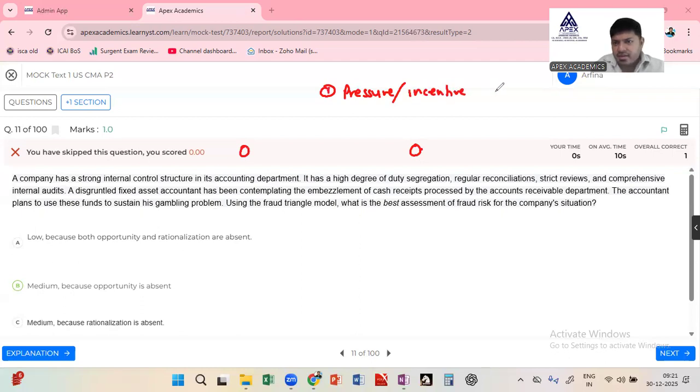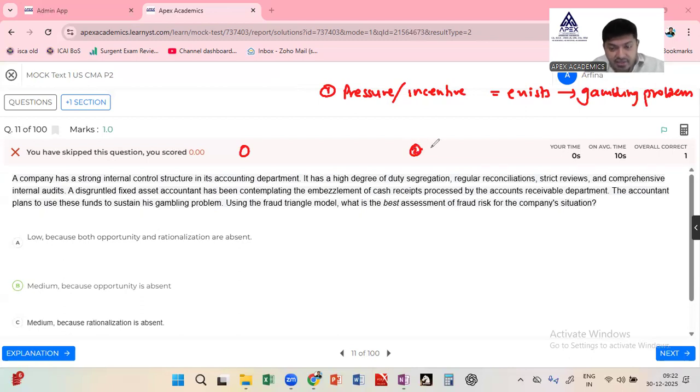Pressure or incentive exists because, number one, he is disgruntled. More than disgruntled, he has a gambling problem. To sustain this gambling problem, he has a pressure to commit a fraud.